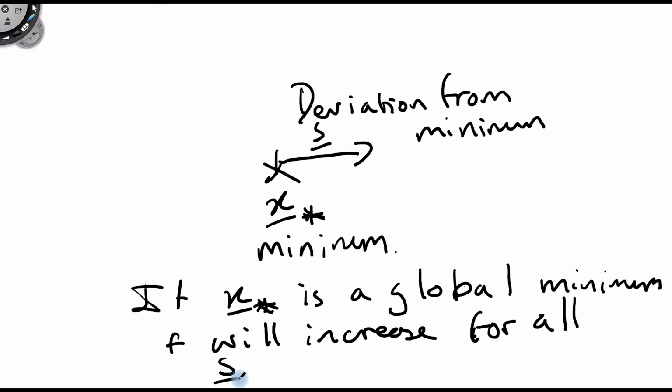So basically we're just generalizing our expression for a global minimum, and you're saying that as we perturb a deviation s in any direction, then f should increase in all directions. So that's the framework we're working with, this multi-dimensional framework.